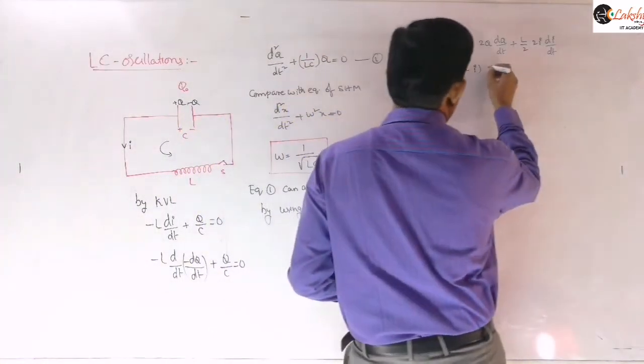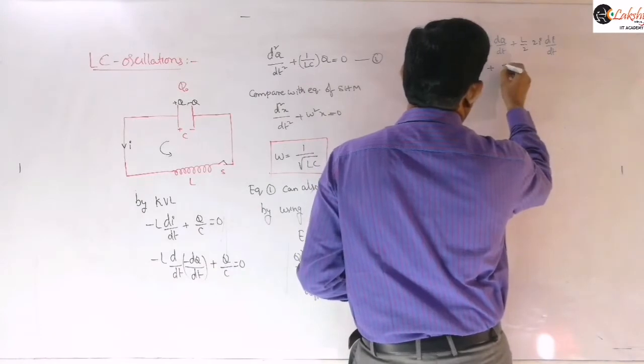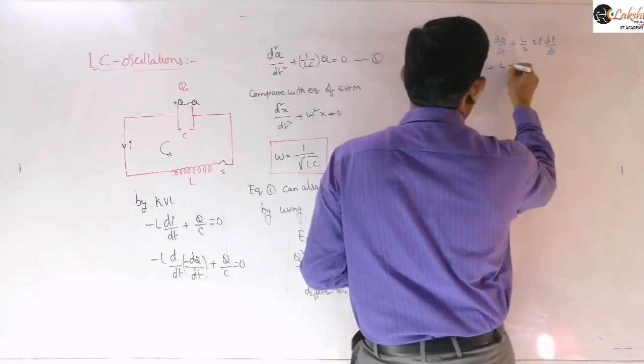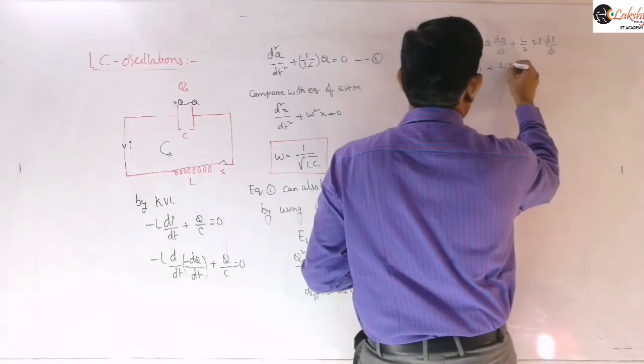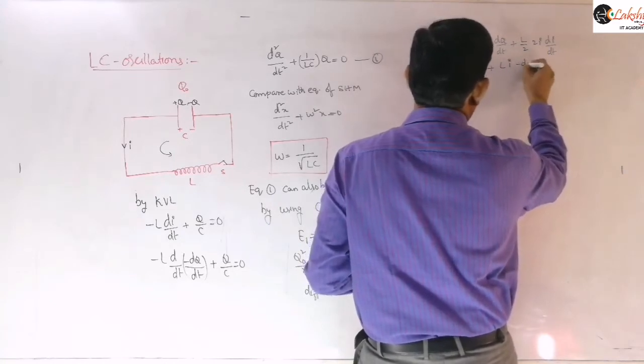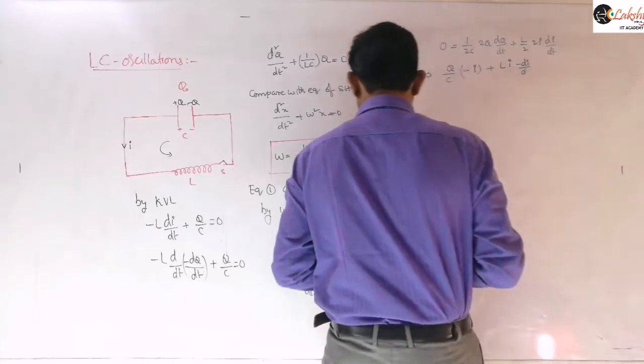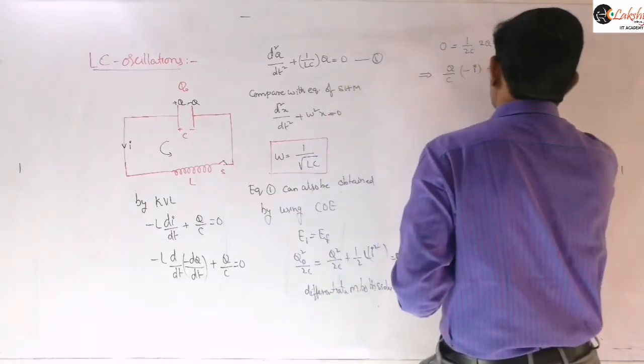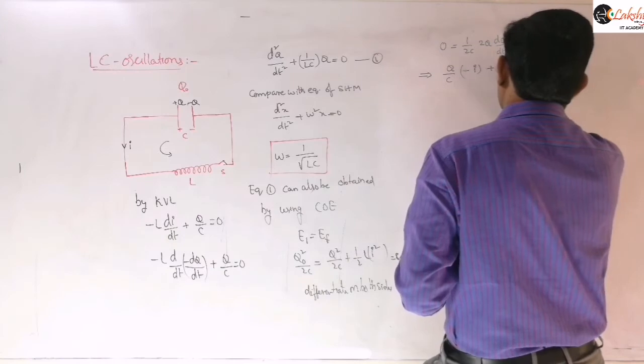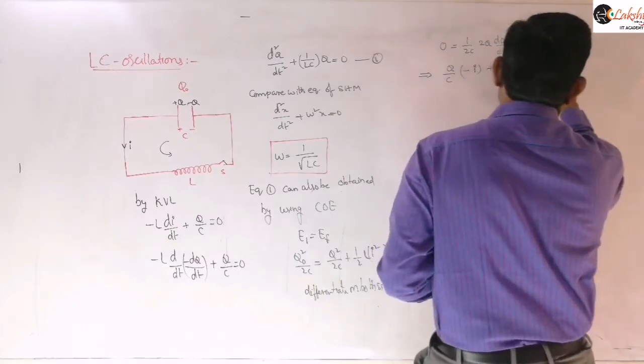Plus L into i into, again, minus di by dt, right? And this value is equal to 0.